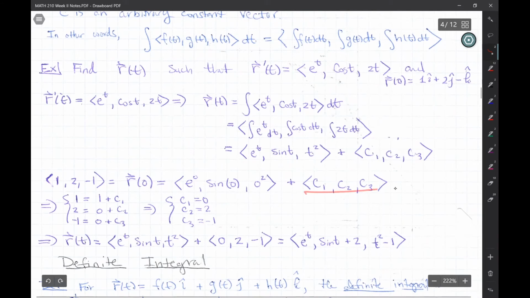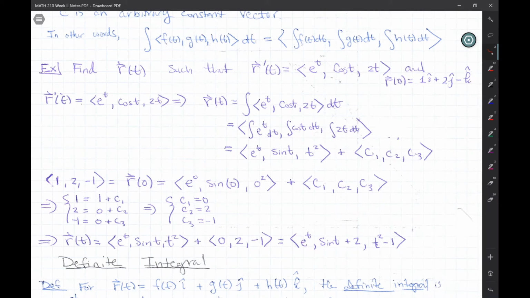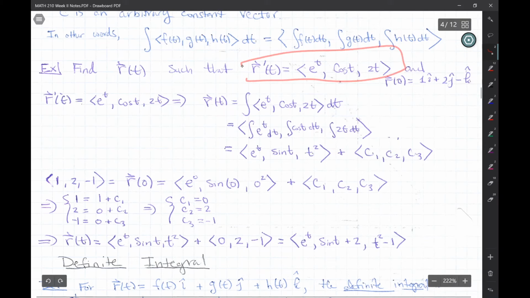So once we found how this constant vector looks, we just return back to the indefinite integral we got and use the specific constants that would allow us to satisfy that above condition. And here is the vector function that satisfies condition 1, which is telling us that the derivative better be this, which it is. Go ahead and take the derivative of this.